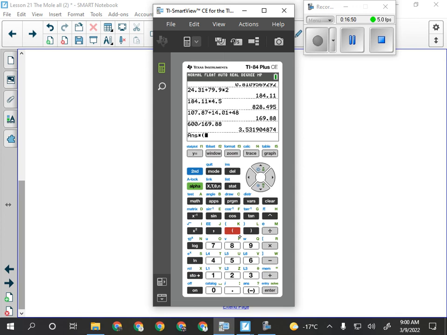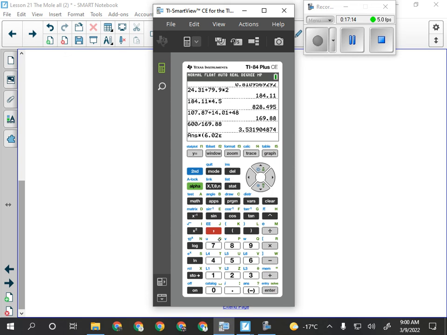6.02, and then I'm going to hit the second function button and the comma. Above the comma, you'll see 2 capital E's. When I do that, I get 1 capital E, oddly enough, on the screen. That little E stands for times 10 to the power, and then you punch in the power.